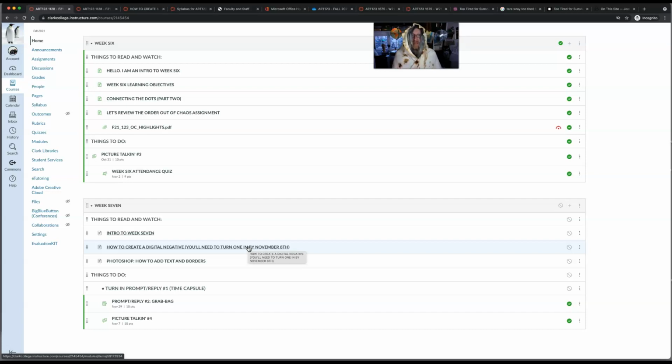So you are going to take one of the pictures that you have already made, a master file for either time capsule project or the Order Out of Chaos assignment, or it could be something completely different if you want. Just make a master file of a different image. And you are going to watch that screencast, create a digital negative, and get it turned in by the 8th.